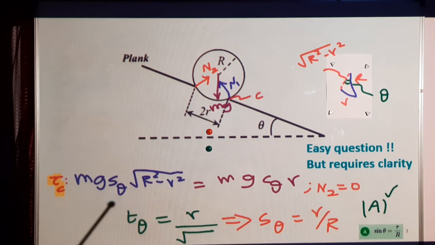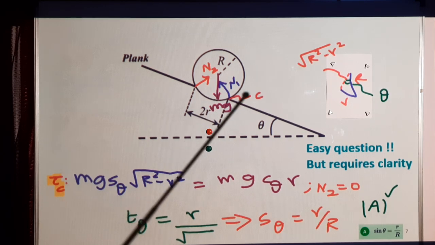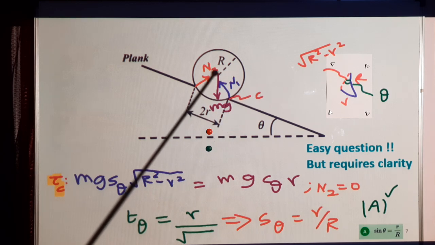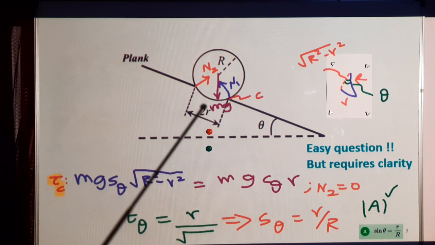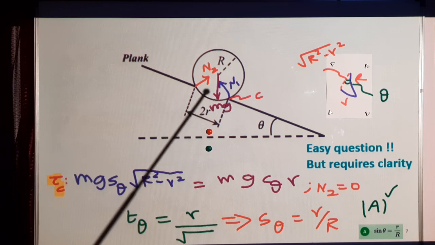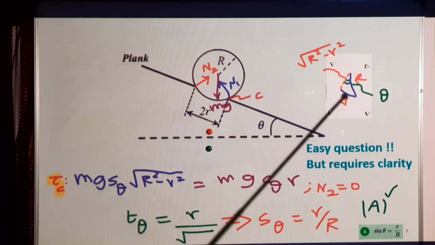So torque about point C: mg sin theta into the perpendicular distance, square root of R square minus r square, is equal to mg cos theta into the distance, small r. From this you get tan theta is r by square root of R square minus r square. That means sin theta is r by R. This is the triangle. So the correct option is option A.